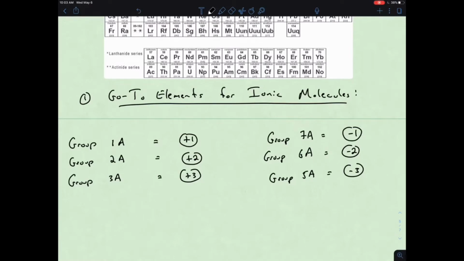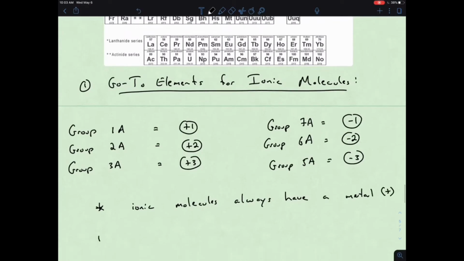So as far as some other layers of rules here, ionic molecules always have a metal, which is positive, paired with a non-metal, which is negative.